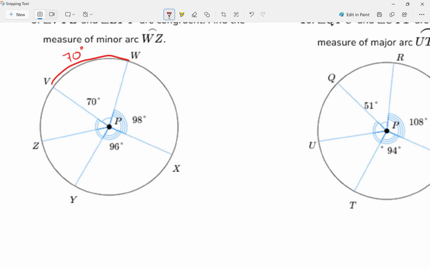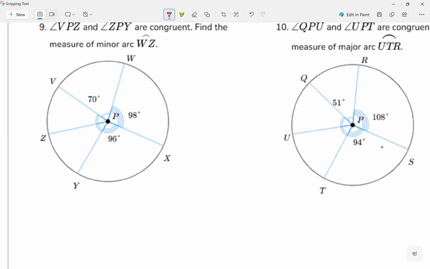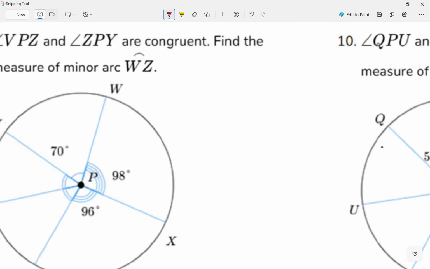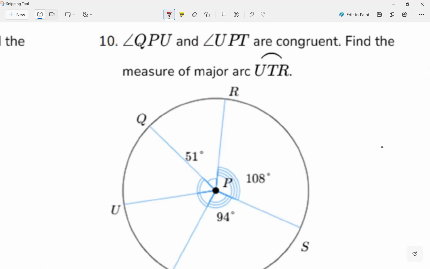Now, one thing I want us to see really quick here: how to read an arc. Sometimes I might use two letters, like for example, see number 9, I'm asking for the arc WZ. So sometimes I use two letters, but take a look at question number 10, I use three letters.